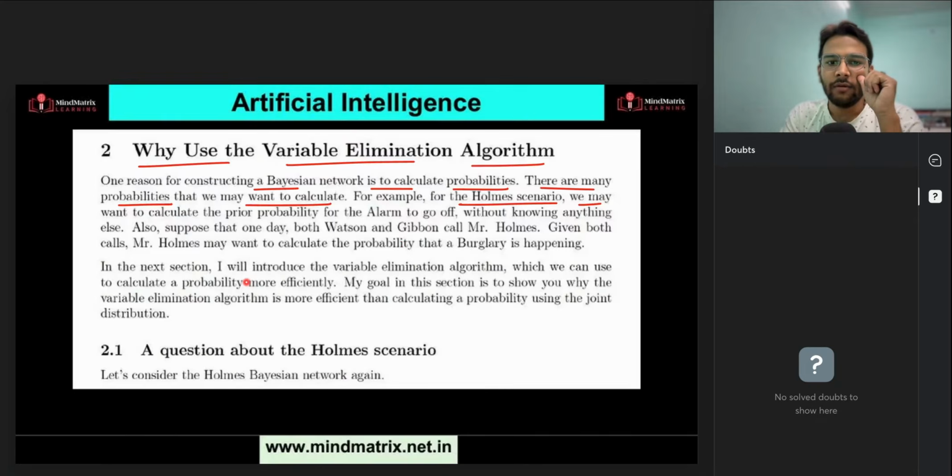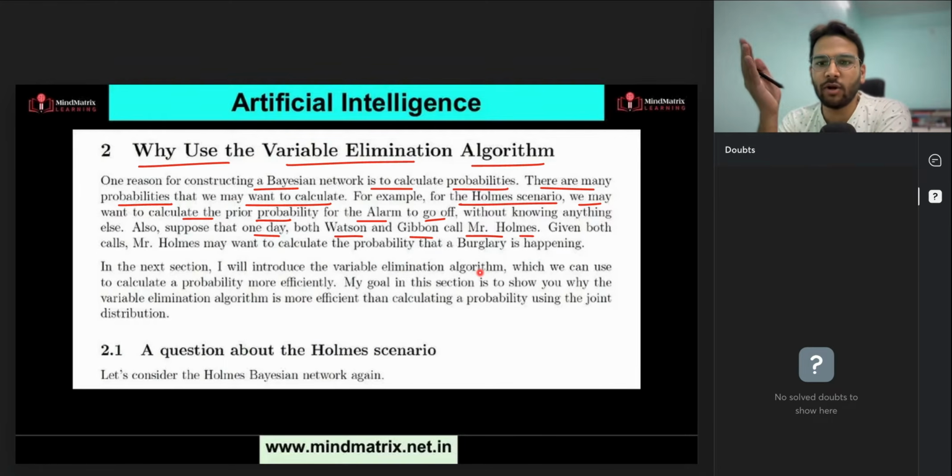Okay. Fine. So now let's say this. For example, in this Holmes scenario, we may want to calculate the prior probability for the alarm to go off without knowing anything else. Also, suppose one day both Watson and Gibbon call Mr. Holmes. That means in our previous example, if you remember, John and Mary were calling, right?